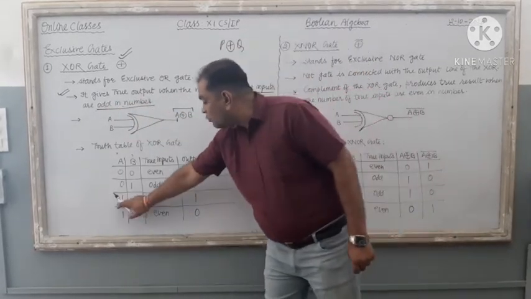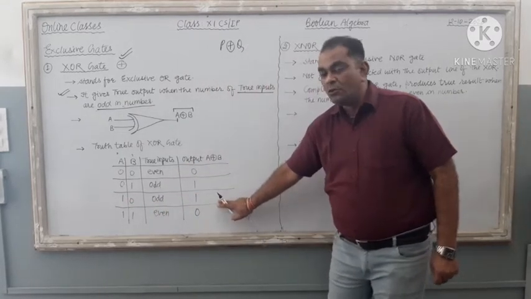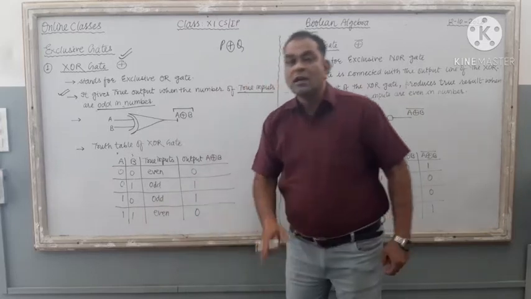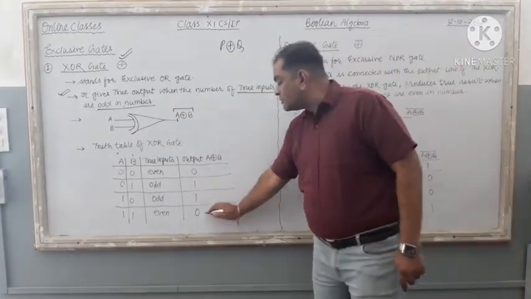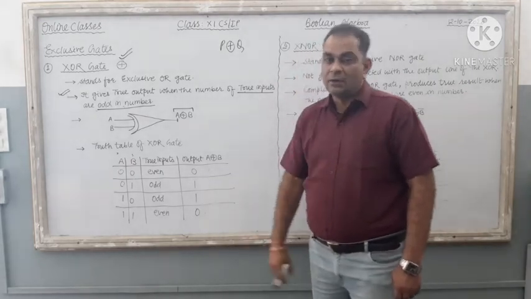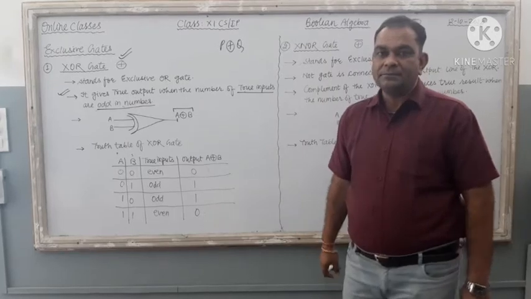So here the true input 1 is in odd number, so the result is true. Here 1 plus 1, total counting is 2. 2 means even. Even means false. Even means the result is 0. Right? So it is the truth table of this XOR.